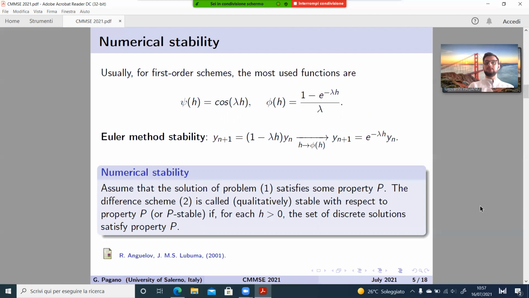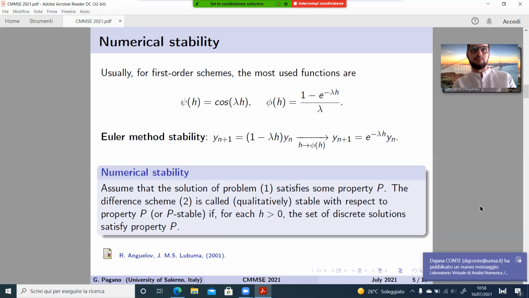By modifying the standard Euler method on the test equation, we are analyzing the stability of the Euler method. By substituting h with phi of h, we obtain a numerical scheme that is stable and is also exact on the test equation.